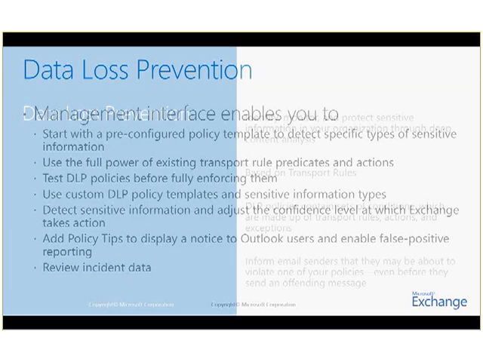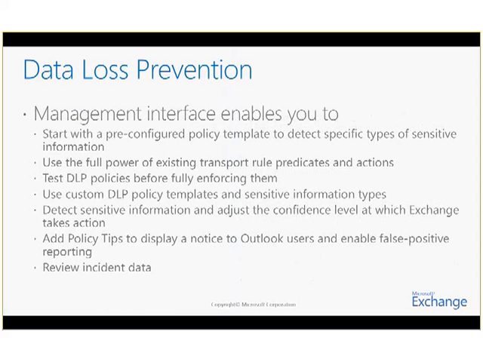Now, you can be comfortable getting started with DLP in Exchange because we've included all the management tools in the Exchange Admin Center that you need. Everything that you need to do things like start with a pre-configured policy template, use the full power of existing transport rule predicates and actions, test the effectiveness of policies before enforcing them, incorporate your own custom policy templates and sensitive information types, detect sensitive information in both message attachments, the body text, and subject lines.